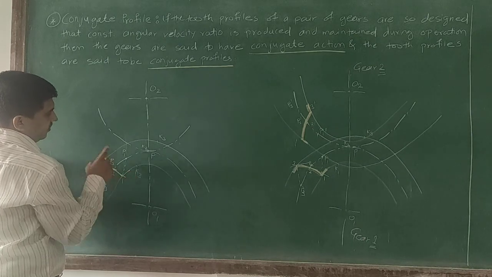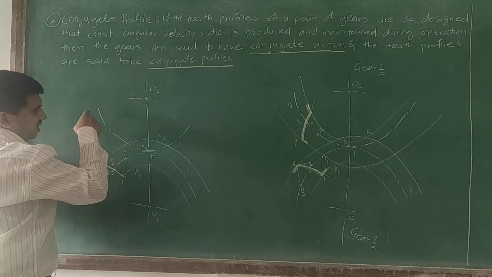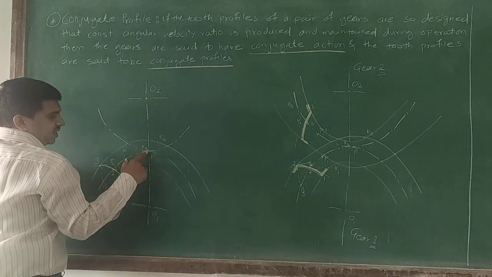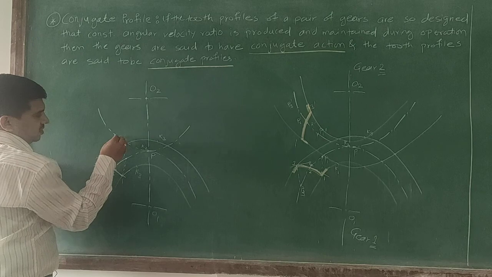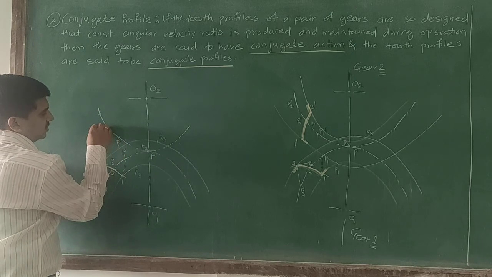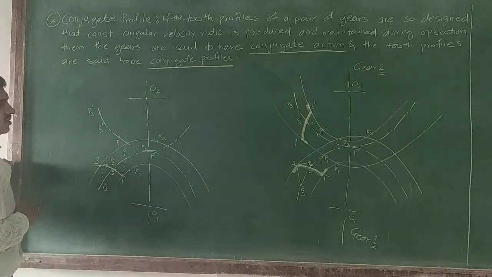Now we want P1, P2, P3 on this particular PCD. So for that, considering P as center and P1 as radius, we cut this line like this. So 3 points we have cut: P1 dash, P2 dash and P3 dash. Done.